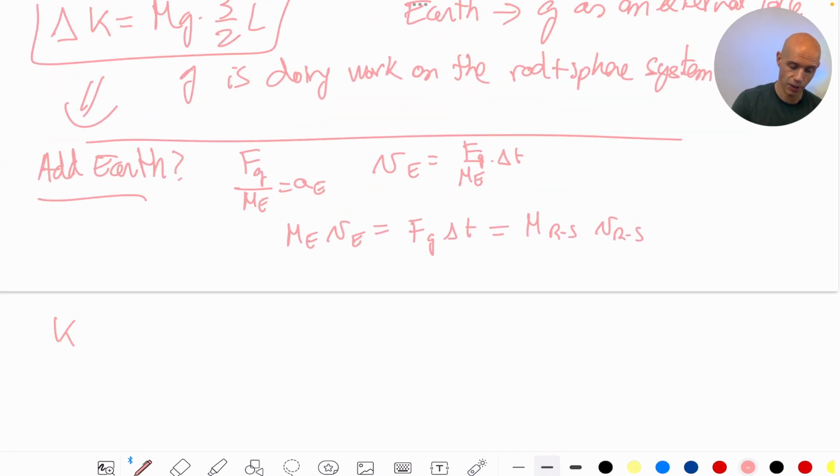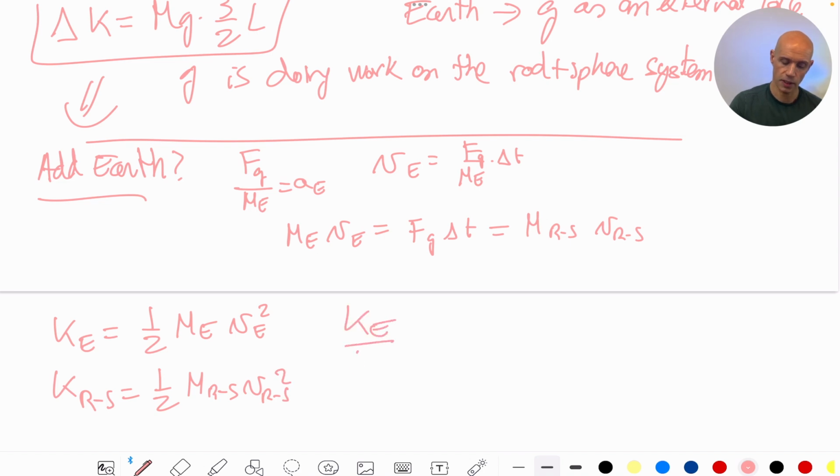So the kinetic energy of the Earth at the end of this story is going to be 1/2 of the mass of the Earth, moving at that speed towards the rod and the sphere, while the kinetic energy of the rod sphere system is this one. Now we can take the ratio. Let's see how much the Earth gains in kinetic energy compared to the rod sphere system.